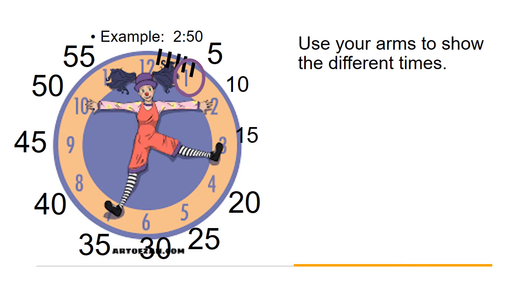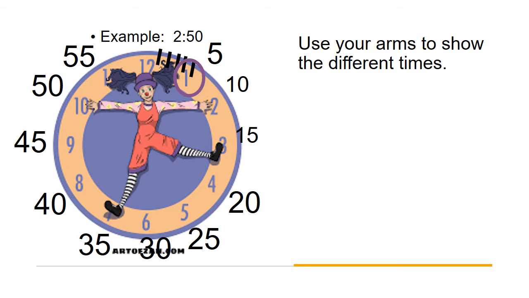And so you can see that the big numbers represent the hour, and the little lines represent the minutes, and there's 5 little lines between each of the big numbers.